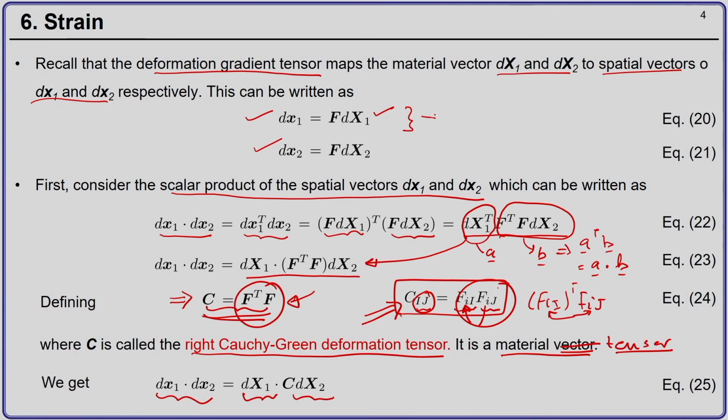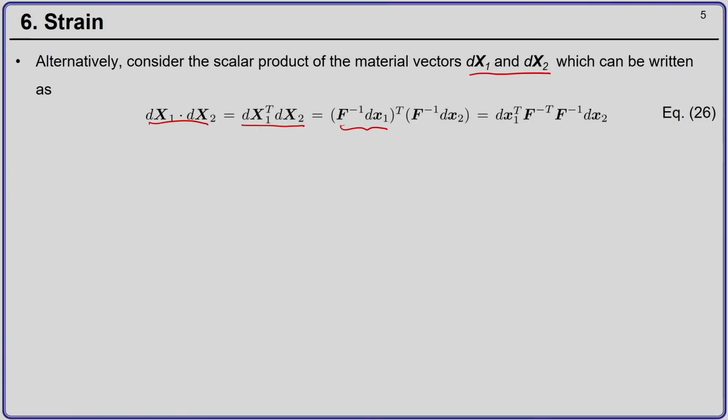You can take the inverse of this, which will be f inverse dx1. Similarly, dx2 will be f inverse dx2. So, I can substitute for the material vectors in terms of spatial vectors, and I can get dx1 transpose f inverse transpose f inverse dx2.